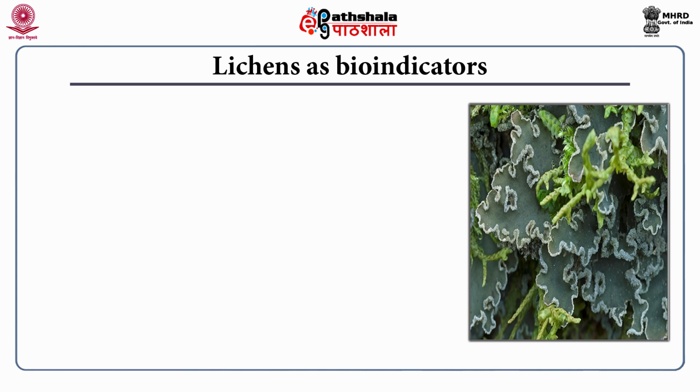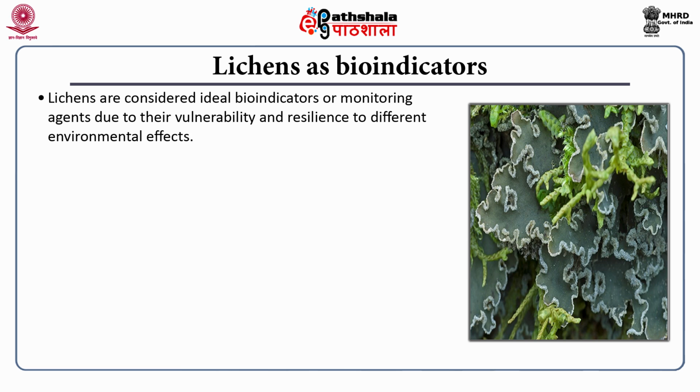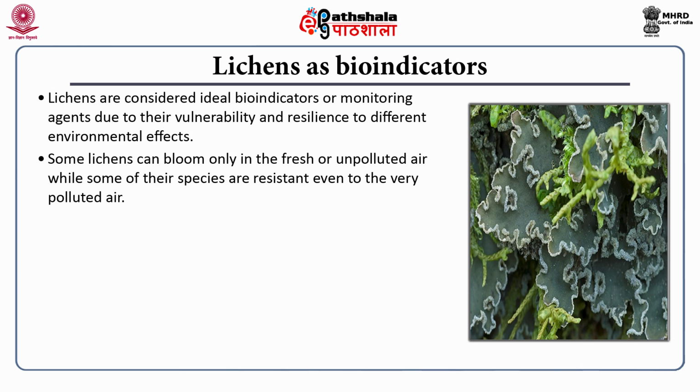Lichens as bioindicators. Lichens are considered ideal bioindicators or monitoring agents due to their vulnerability and resilience to different environmental effects. Some lichens can bloom only in fresh or unpolluted air, while there are some lichens which are resistant even to very polluted air.